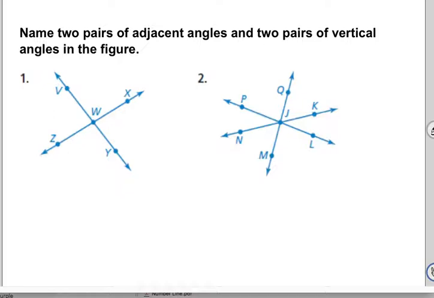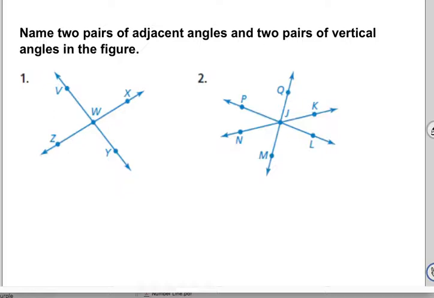They have to share a side. If they're adjacent, they have to share a side. That one I agree with. Check your partner. The only thing is you're missing a symbol, and without the symbol, it's just a bunch of letters.